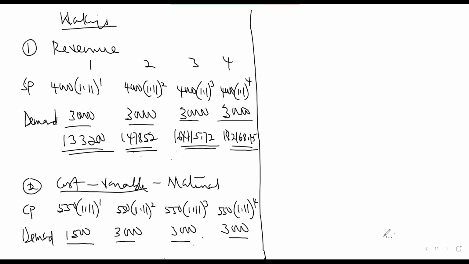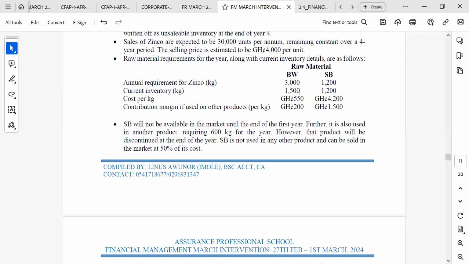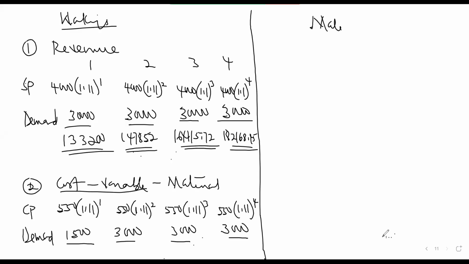Let's go to the second material. So the second material will be, what is the second material? It is XB. Okay. So we come to material XB. Okay. What is the cost price? 4,200. Okay.